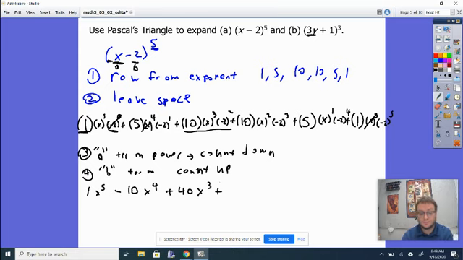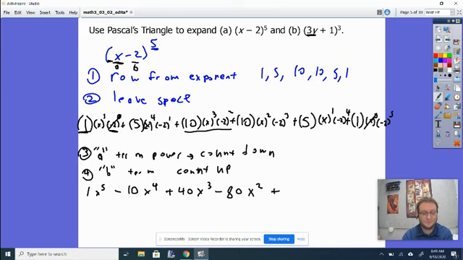Plus -2 cubed is going to be -8, so actually it's a minus here, times 10, minus 80 x squared. Here, negative 2 to the fourth is going to be positive 16 times 5. It's going to be 80 as well.